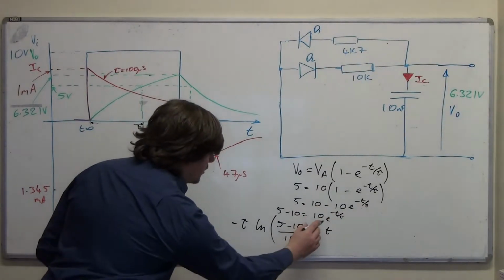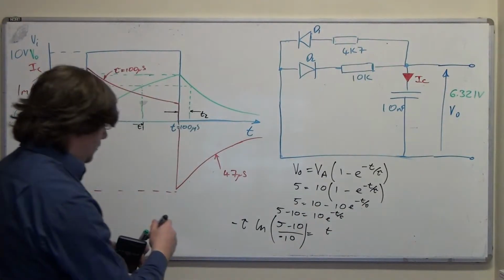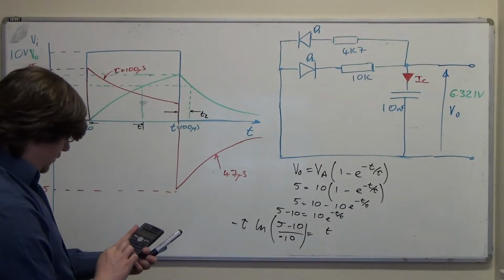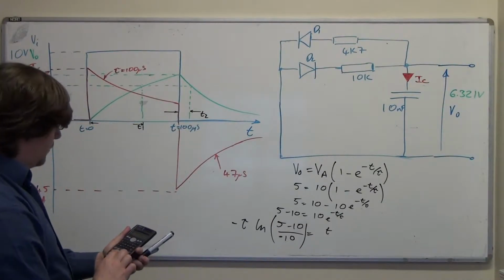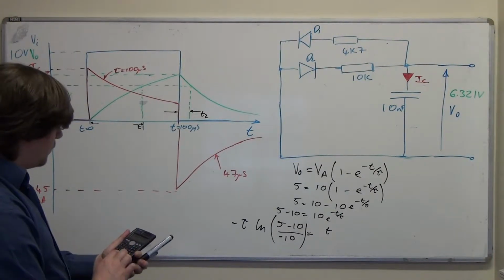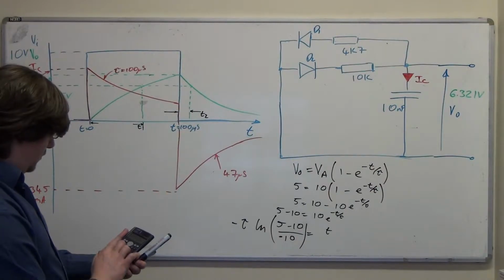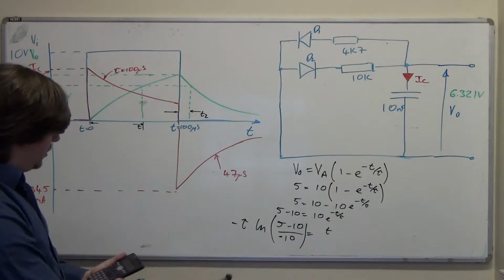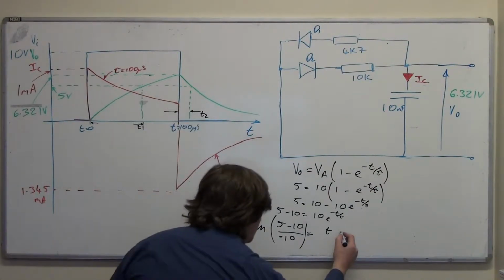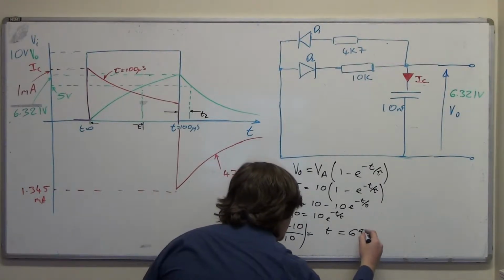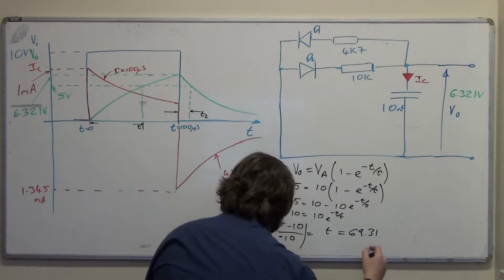There's a minus sign that I never dealt with: minus 10. That is 69.315 microseconds.